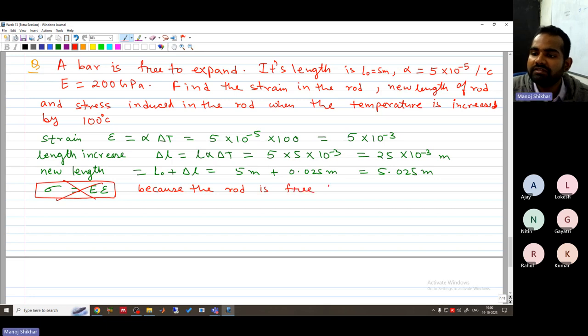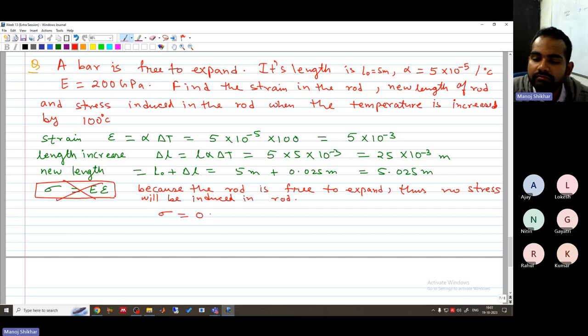The rod is free to expand. Thus, no stress will be induced in the rod. So here the answer will be sigma equal to 0 Pascal or whatever unit they give in your option. I've seen students making this mistake a lot of times.